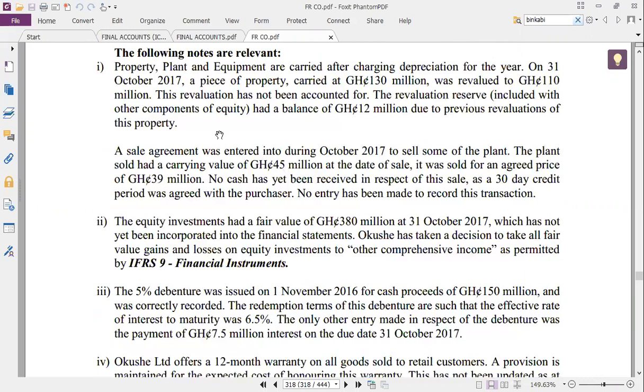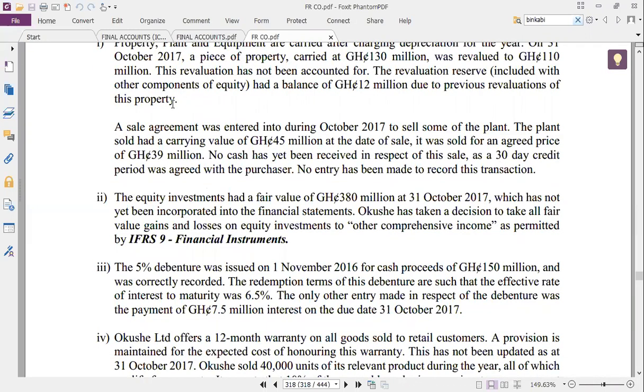Okay, second part. A sale agreement was entered into during October 2017 to sell some of the plant. The plant sold had a carrying value of 45 million at the date of sale. It was sold for an agreed price of 39 million. No cash has yet been received in respect of this sale. As a 30-day credit period was agreed with the purchaser, no entry has been made to record this.